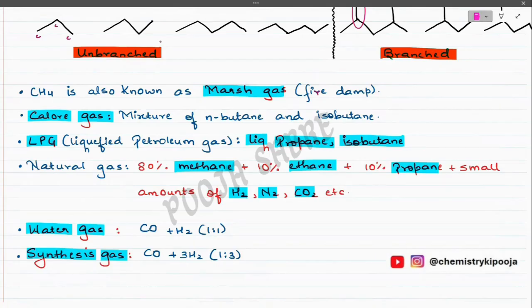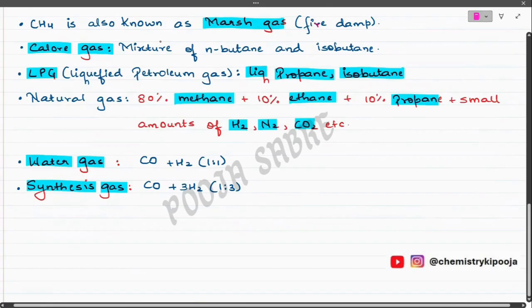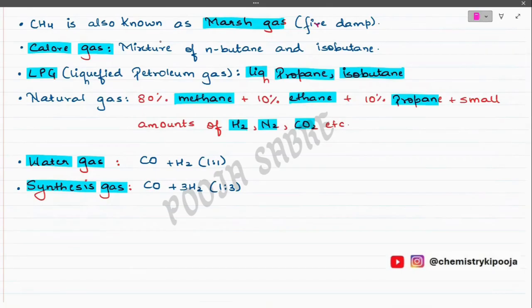Then the next one is natural gas. The natural gas is 80% methane, 10% ethane, 10% propane, and a small amount of hydrogen, nitrogen, and carbon dioxide gas. Clear? Talking about water gas. Water gas is CO plus H2 in 1:1 proportion. Synthesis gas is CO plus 3H2, that is in 1:3 proportion.